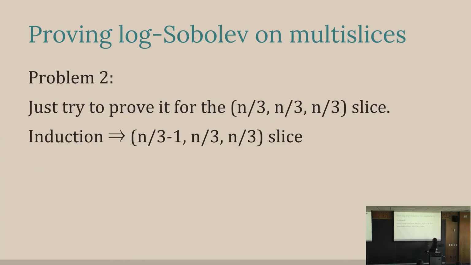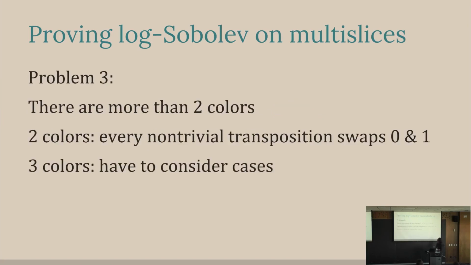When you try to induct, you have to pick one coordinate to delete, and that brings you to a lower slice where the colors are no longer balanced. So even if you only want the result for slices with equal elements, you end up having to show some bound for every slice anyway.